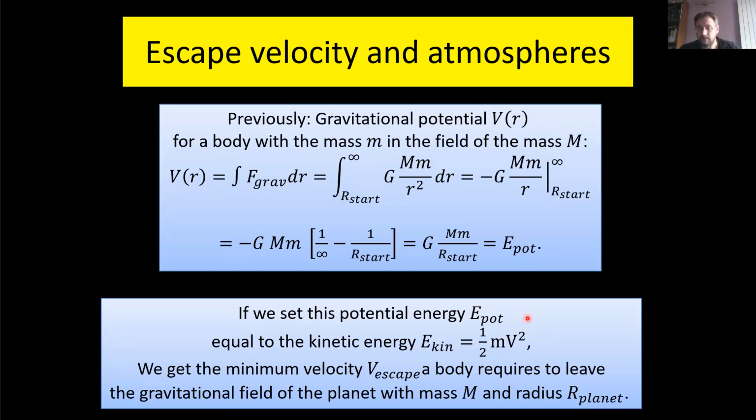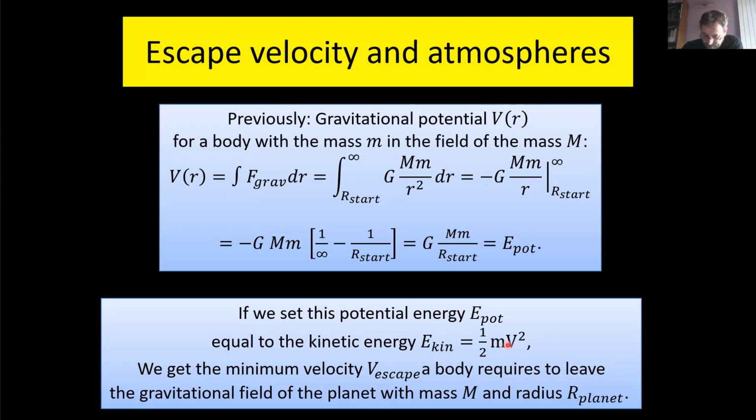If the kinetic energy is equal to the potential energy, the particle has the potential to escape. If it's less, the particle will be bound. If it's more, clearly the particle can escape. That means we can now define the escape velocity that is required for a body of mass m.